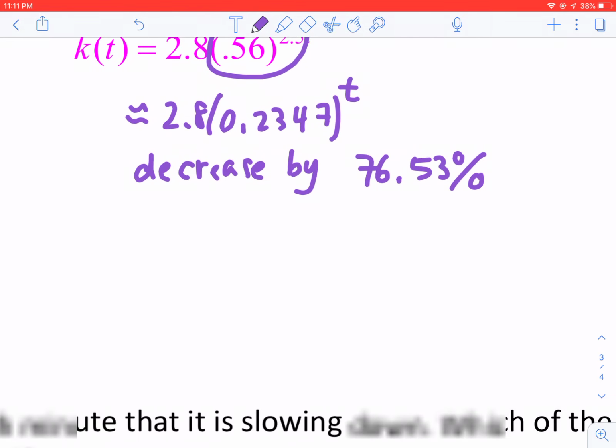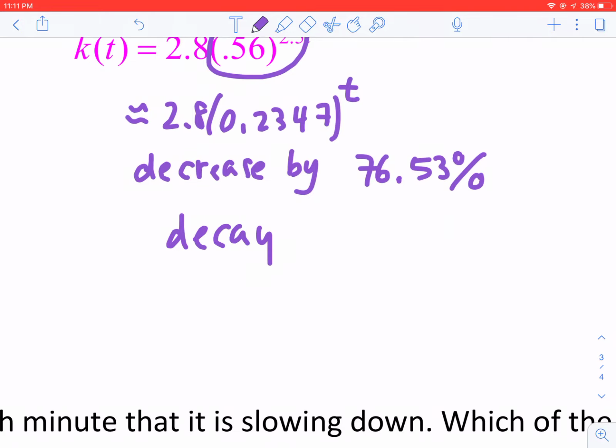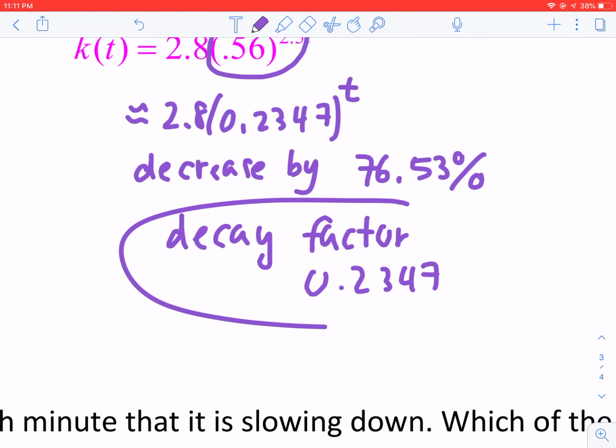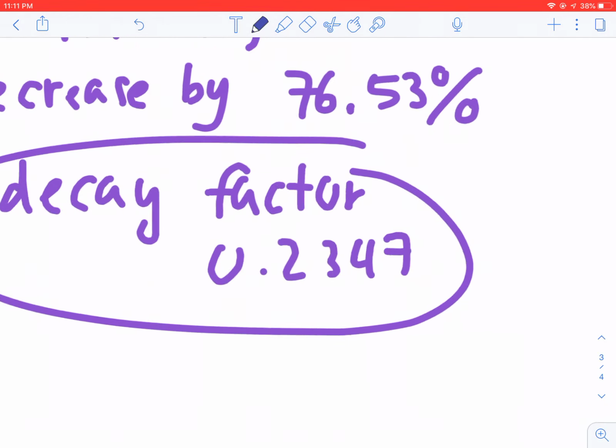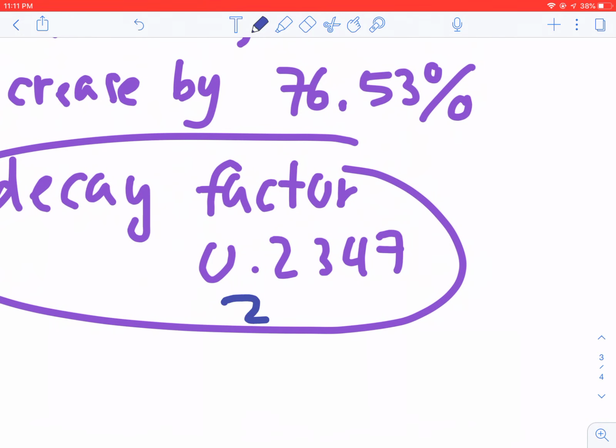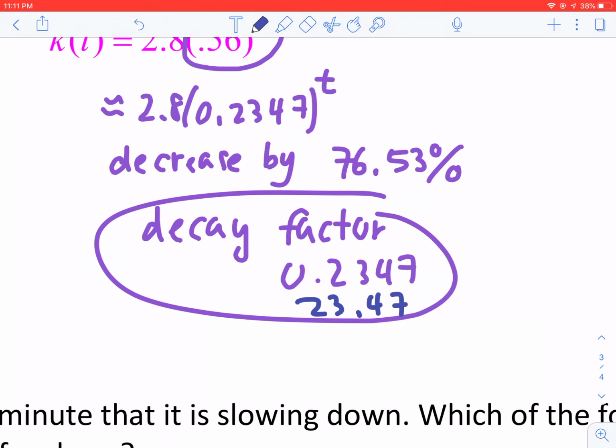But it also means our decay factor is 0.2347. In other words, we're multiplying by 0.2347. We're taking 23.47% of the previous value. So that's what we're multiplying by, the factor, and that means we're decreasing by that amount.